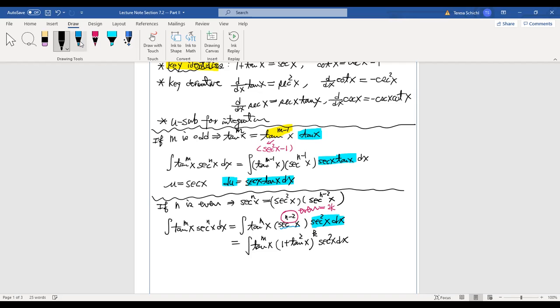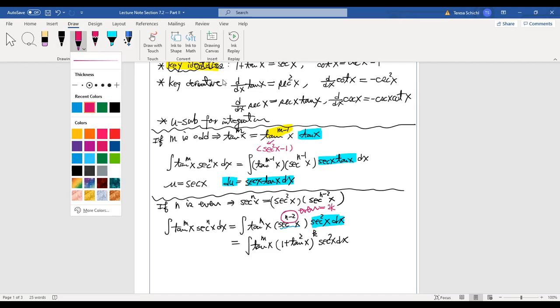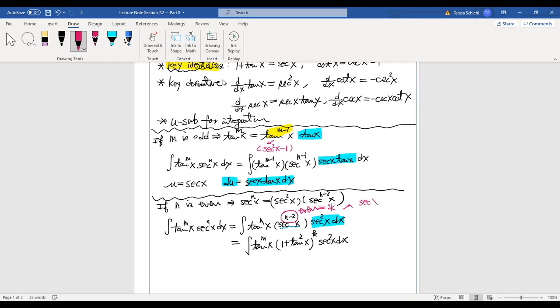Let's make sure: if n minus 2 is 2k, then this is secant^(2k) x, which you can rewrite as secant squared x to the k power. So now you see the secant squared x here.